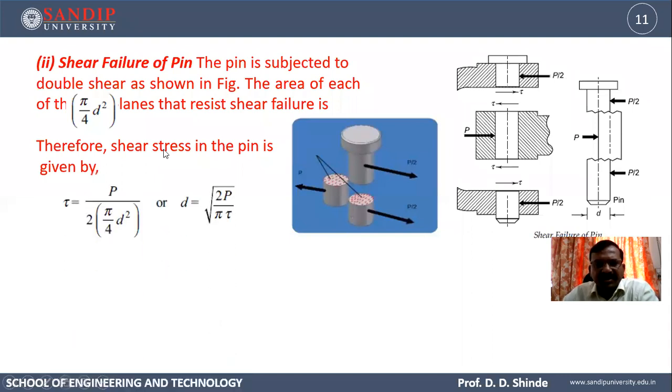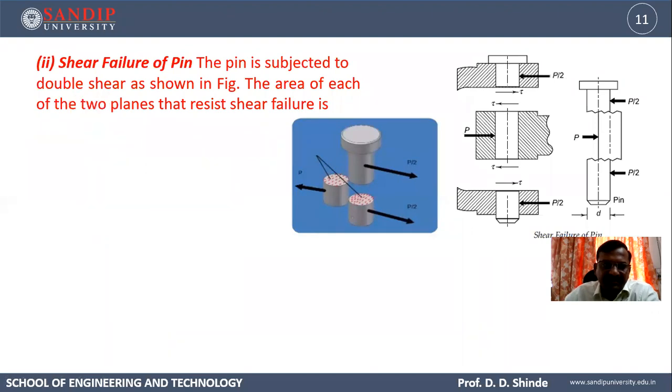And generally when you are designing, we take small d equal to capital D. So we use the equation pi by 4 D square, and as it shears at two locations, it will be twice. So shear stress tau equal to load upon area, which is P upon 2 times pi by 4 D square. With this you can calculate D, or if you take small d equal to capital D, then you will check the shear stress value. The shear stress value which you are checking should be less than the permissible value. That is what the design is.